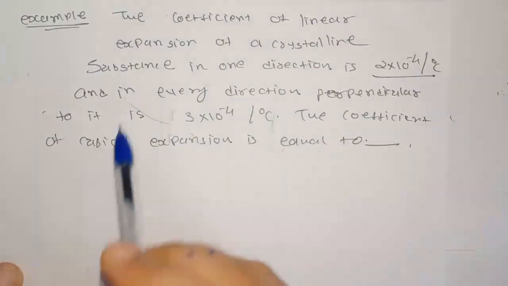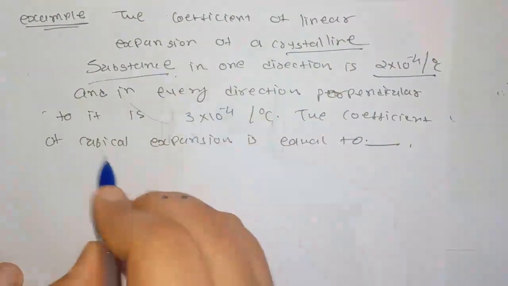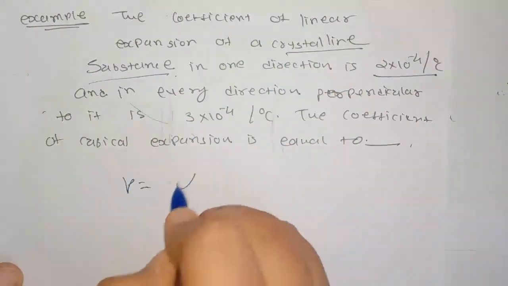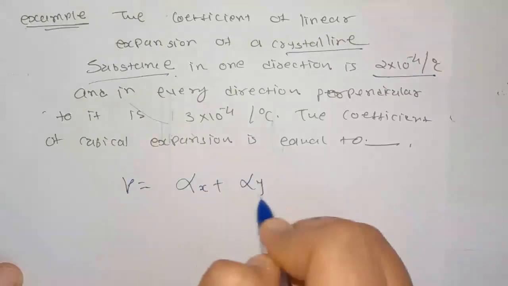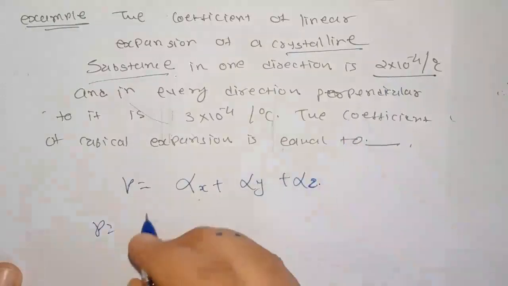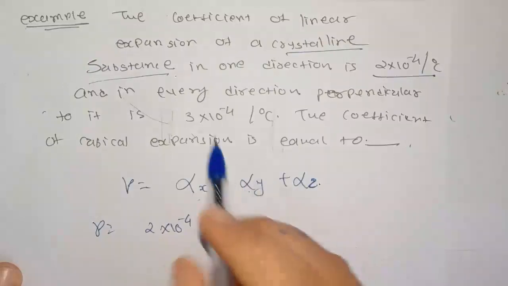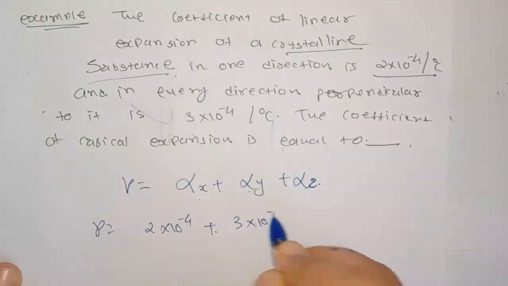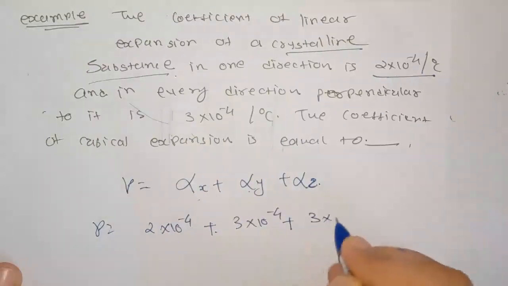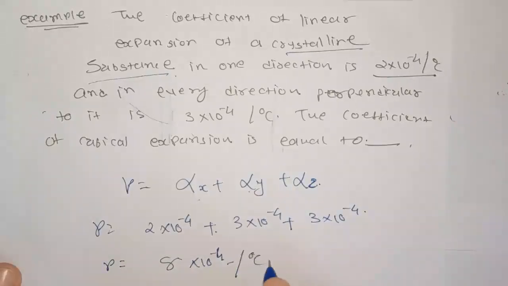Here, as it is a crystalline substance, the coefficient of cubical expansion is given by alpha x plus alpha y plus alpha z. Let's say alpha x is 2 into 10 power minus 4. Then alpha y and alpha z will each be 3 into 10 power minus 4. So gamma will be equal to 8 into 10 power minus 4 per degree Celsius.